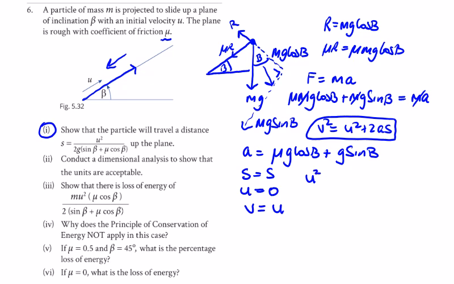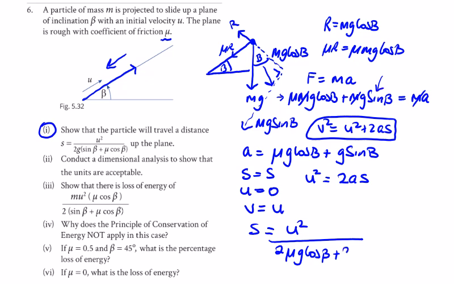So my V is 0, so 0 equals u squared minus 2as, and the s part will be equal to u squared over twice the acceleration, so 2 mu g cos beta plus 2g sine beta.